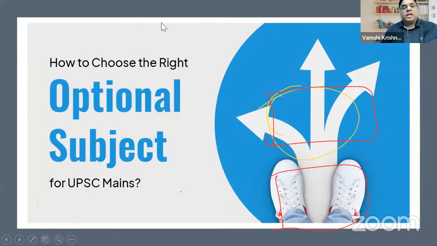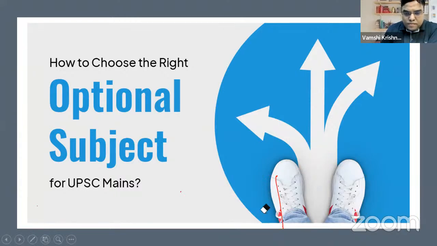The next thing is how to choose the right optional. The most important thing is how to choose the right optional for mains. There are many optionals, and sociology is one amongst them.